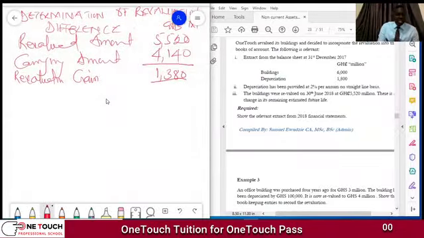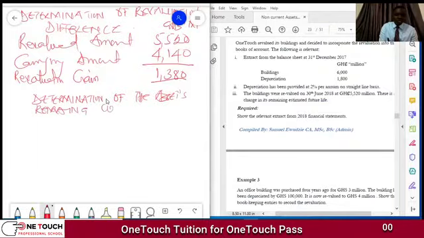Let's look at the determination of the asset's remaining useful life. Good. Now, when we say an asset is being depreciated by 2%, 100 divided by 2 is 50.